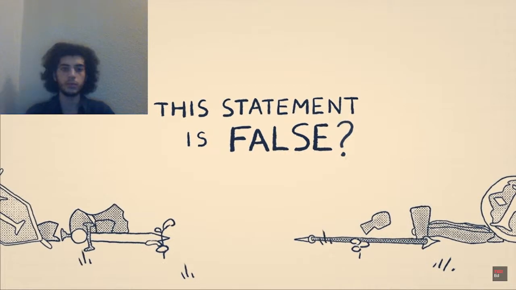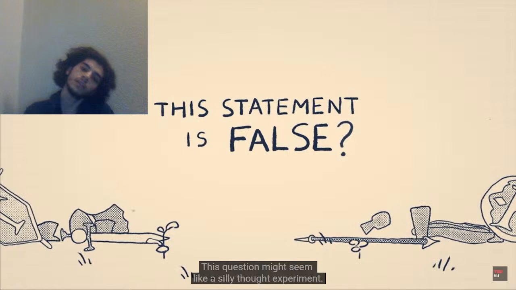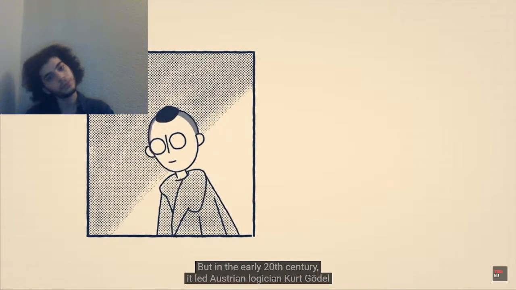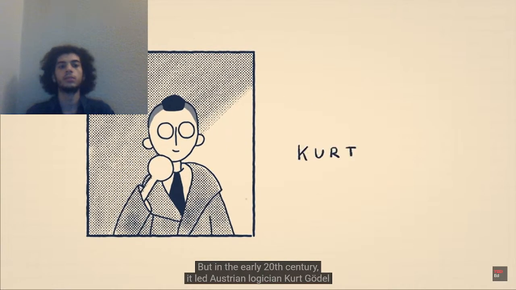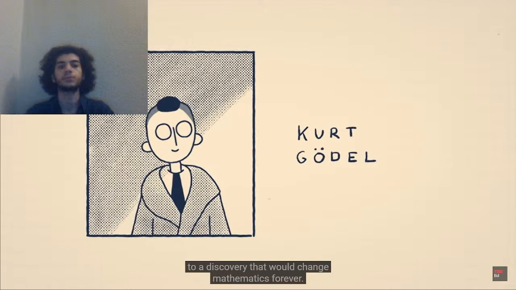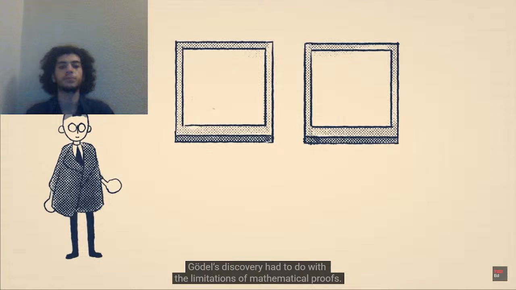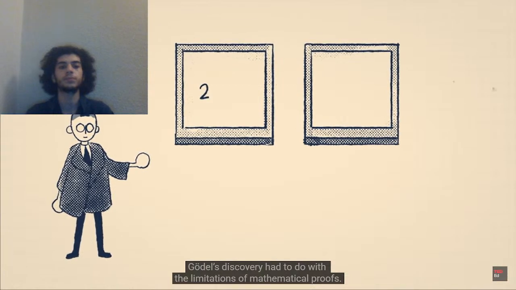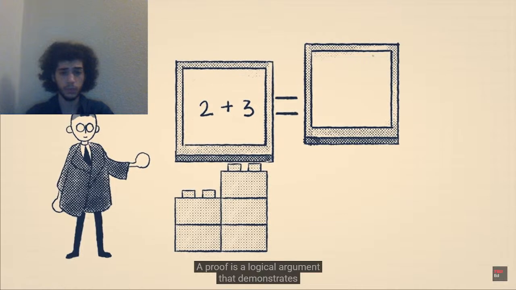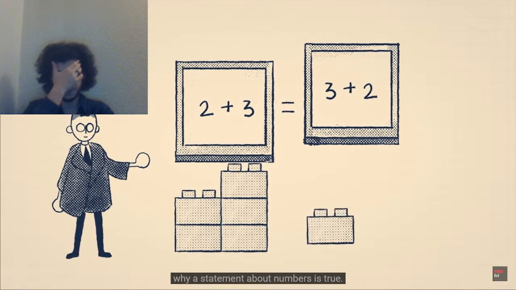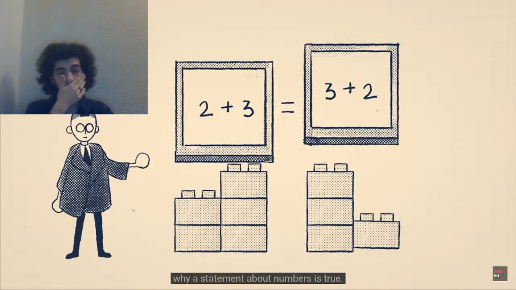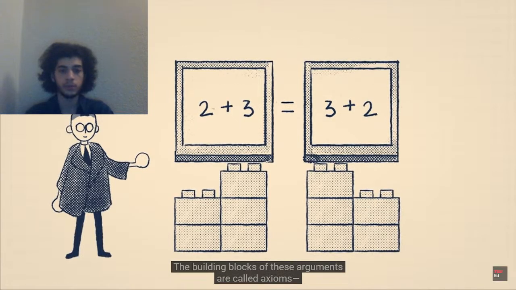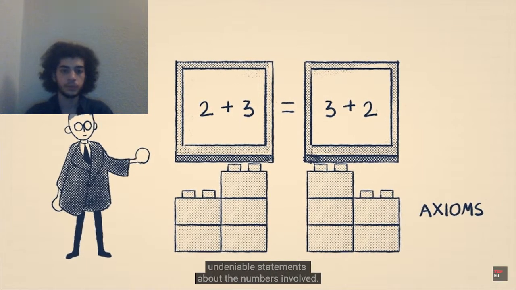This question might seem like a silly thought experiment, but in the early 20th century, it led Austrian logician Kurt Gödel to a discovery that would change mathematics forever. Gödel's discovery had to do with the limitations of mathematical proofs. A proof is a logical argument that demonstrates why a statement about numbers is true. The building blocks of these arguments are called axioms, undeniable statements about the numbers involved.